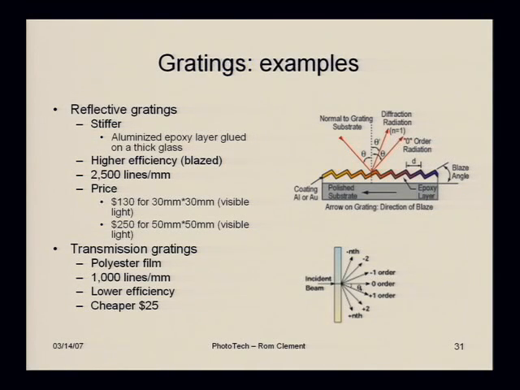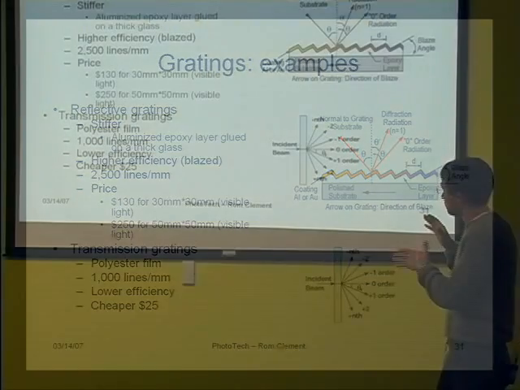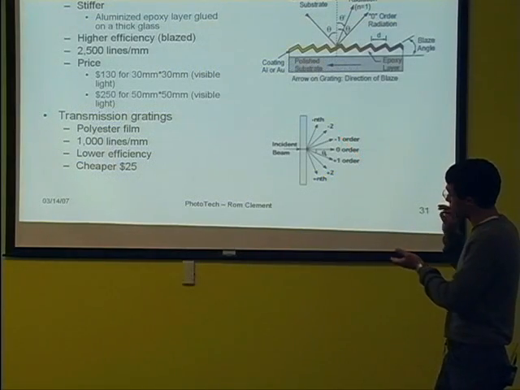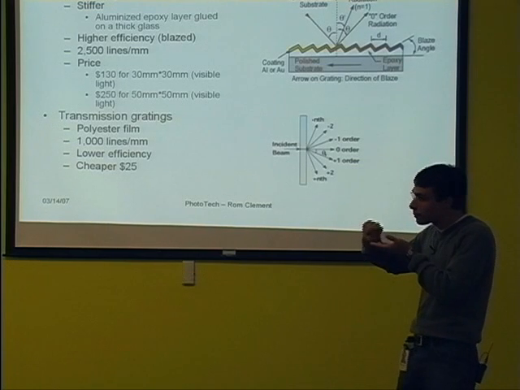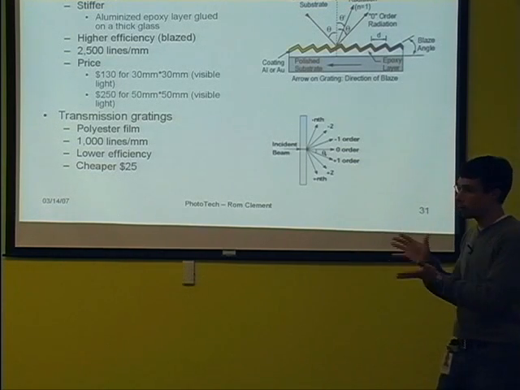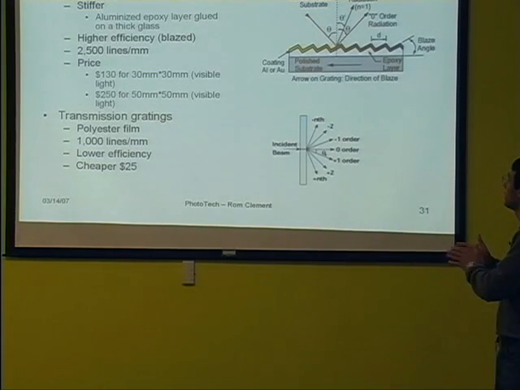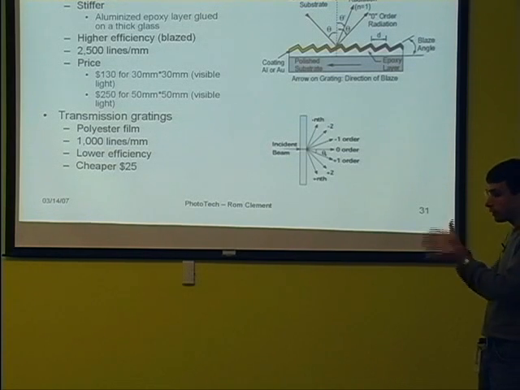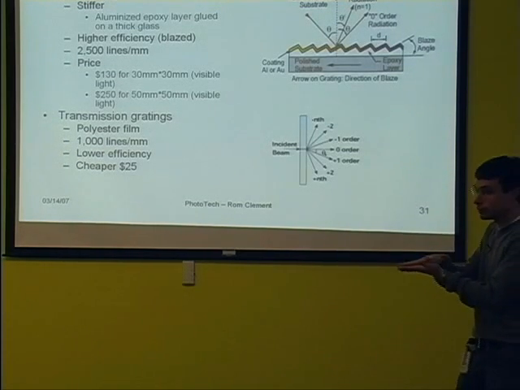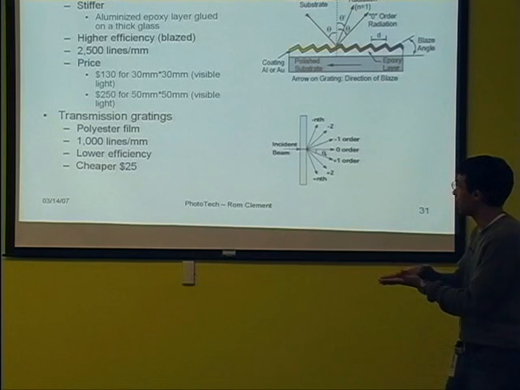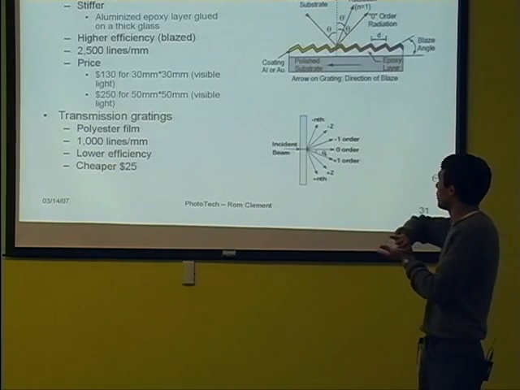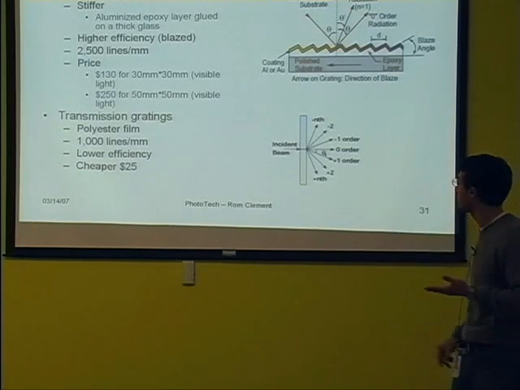Reflective gratings are made with a mold, so the shape of the top itself is an epoxy layer, and then the epoxy is glued on a thick piece of glass, and then a coating is added on the top.